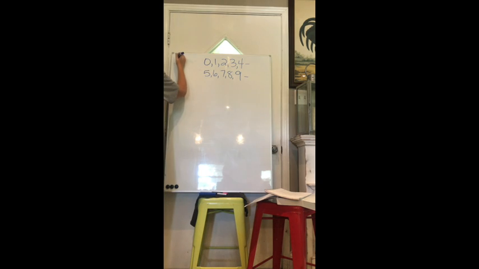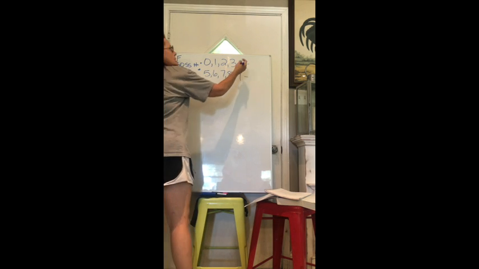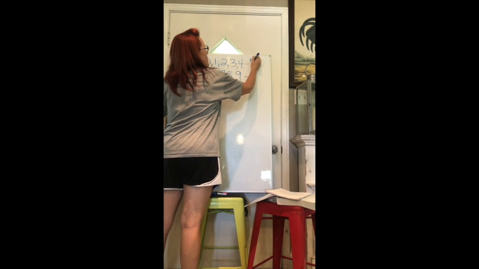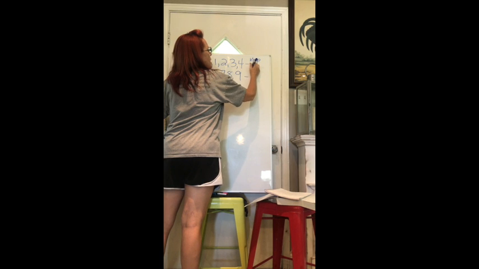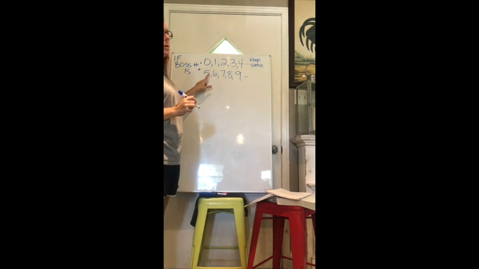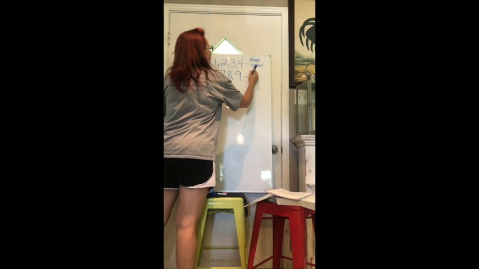Okay, so if your boss number is 0, 1, 2, 3, or 4, you just keep the same. And if your boss number is 5, 6, 7, 8, or 9, you're going to add 1.